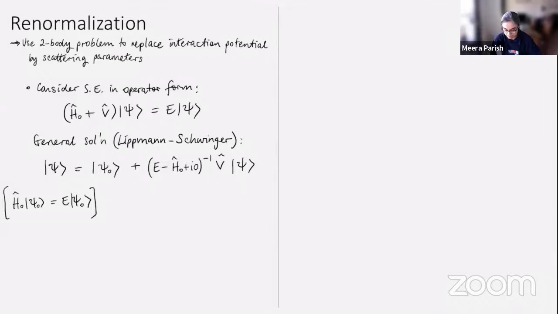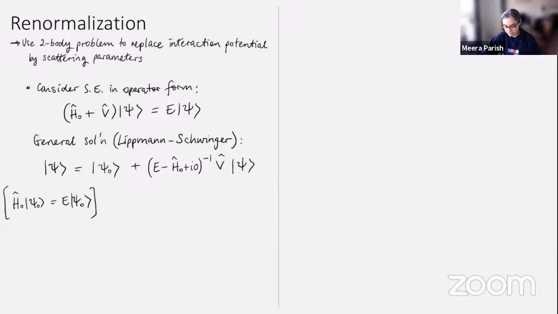As well as being a mathematical trick, it actually has a physical meaning: it selects out the correct outgoing scattered wave.